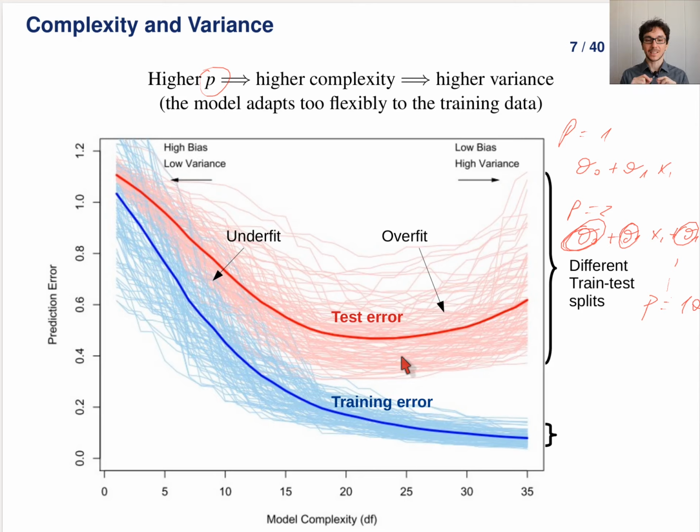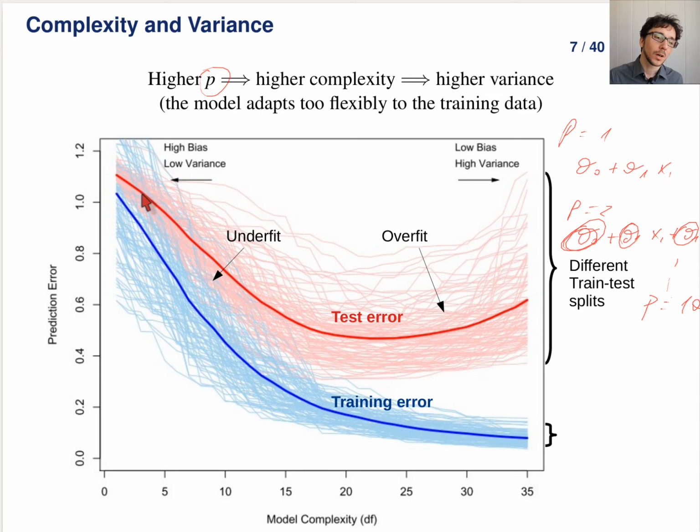It means that it is adapting too much to the details of your training data, and it is not generalizing. It is not learning the important information in your data. So while it is performing very good in the training set, it starts to perform very bad in the test set. So you want to be in the middle between underfit and overfit.